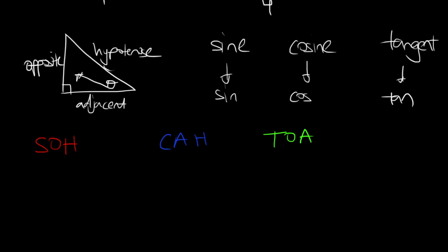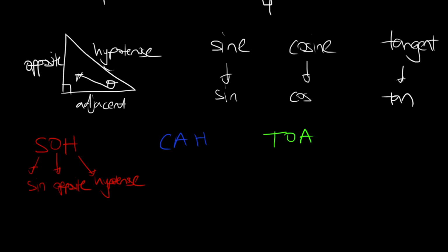But what this means is that we use sine, so this S stands for sine, when we have the opposite side, so that's what the O stands for, and when we have the hypotenuse. Oh, a bit messy there.